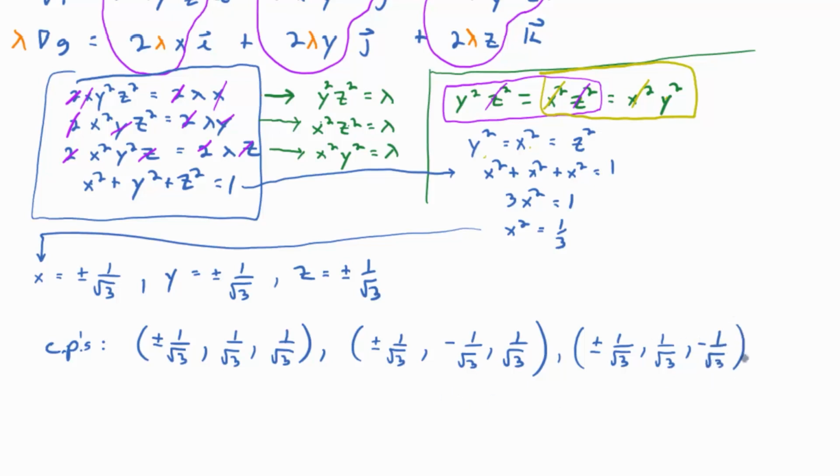The one we missed would be where the second two are negative, right? So plus or minus 1 over root 3, negative 1 over root 3, and negative 1 over root 3. Did you realize that there's 8 critical points here? I shortened it to 4 using plus or minus on the first coordinate.